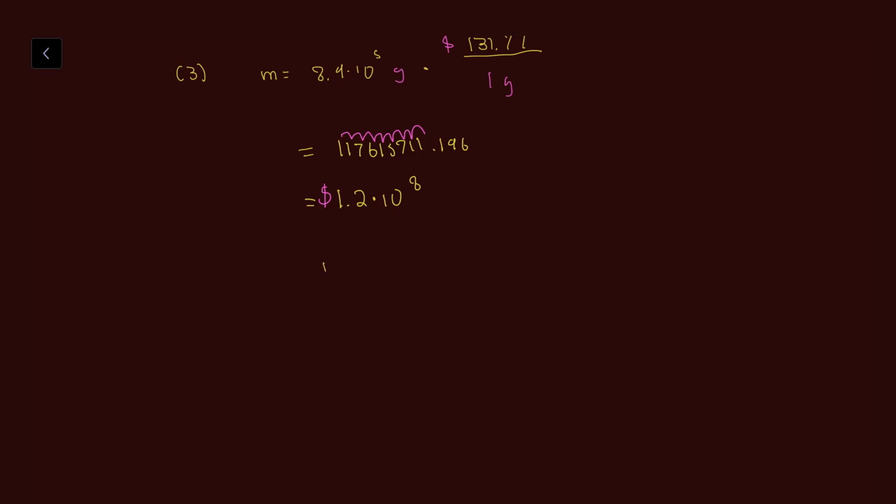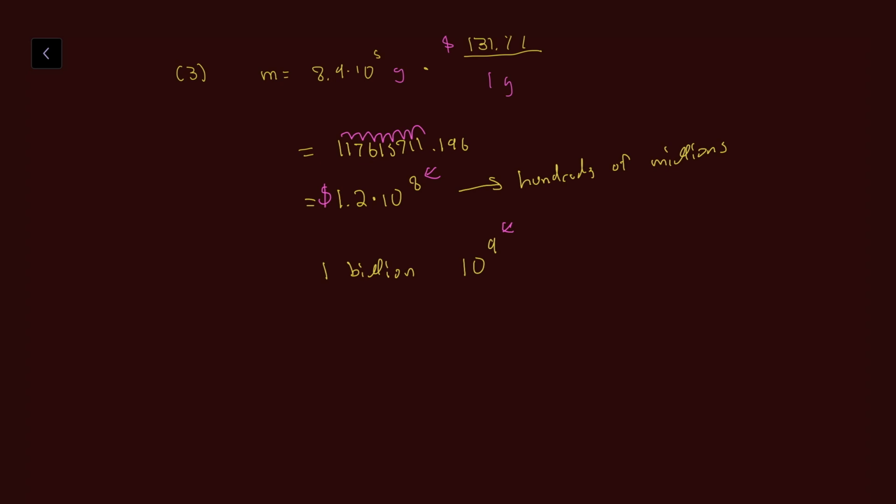Now, if you don't know, 1 billion is akin to saying 10 to the 9. So, a billion is 10 to the 9, and our amount of gold in money is 10 to the 8. What this means is that we have hundreds of millions of dollars in gold, which fits in our suitcase.